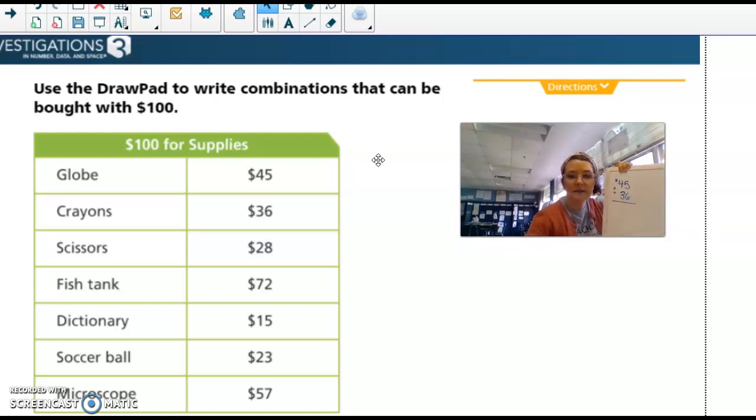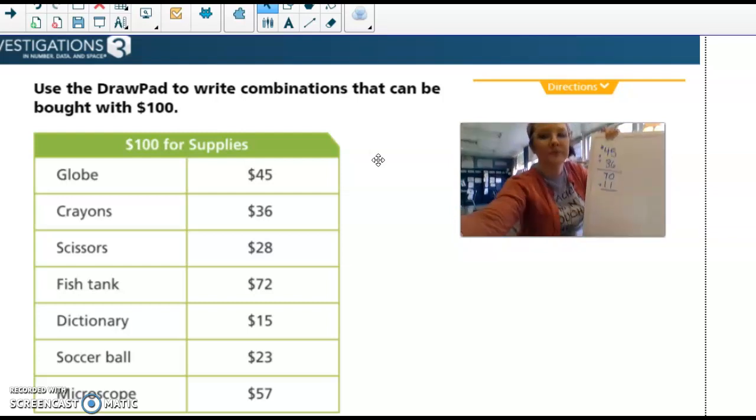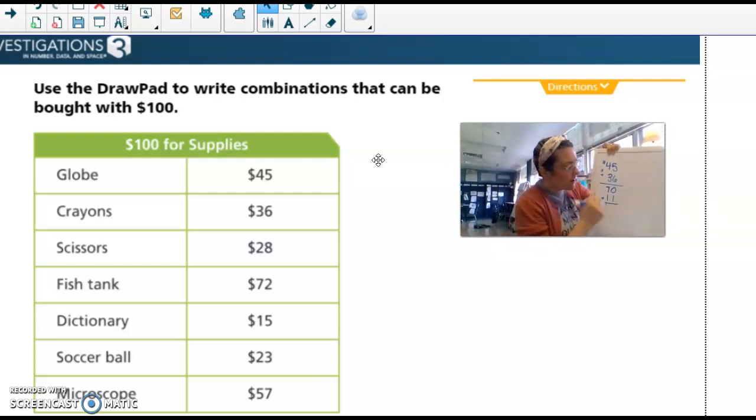Without solving this problem, I know that 40 plus 30 is 70. And even though my ones make a new 10, I'm still only going to be around $80. So to be exact, 40 plus 30 is $70. 5 plus 6 is 11, so I made that new 10. So if I bought those 2 items, I would have only spent $81.